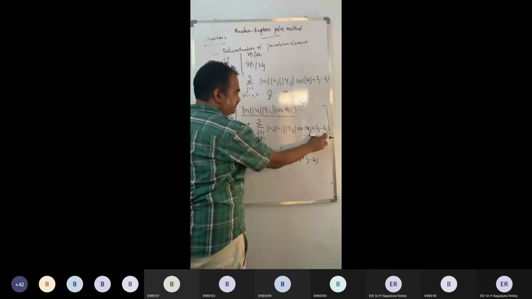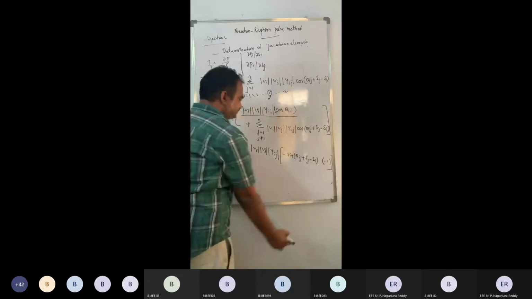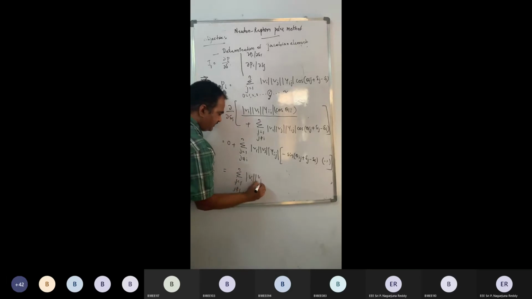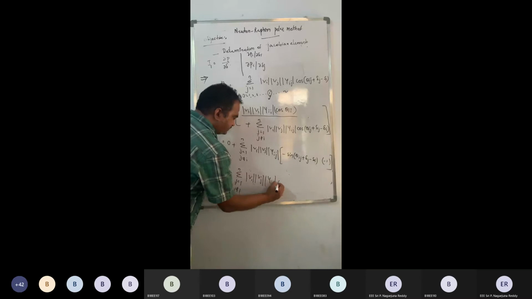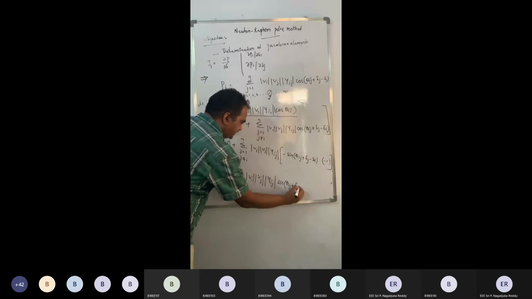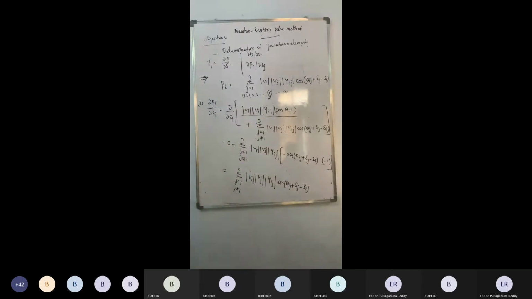Again, internal derivation with respect to delta I, it is minus 1. So my final answer is sigma j is equal to 1, j is not equal to I, n, mod Vi mod Vj Yij sin of theta ij plus delta j minus delta i. This is the term.